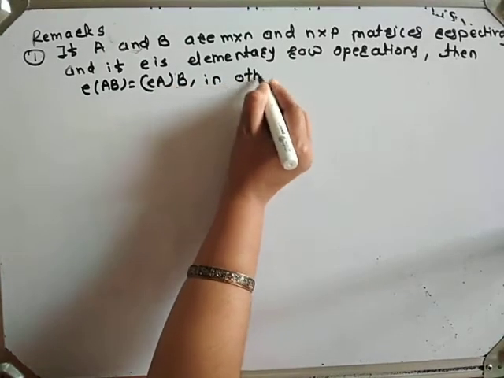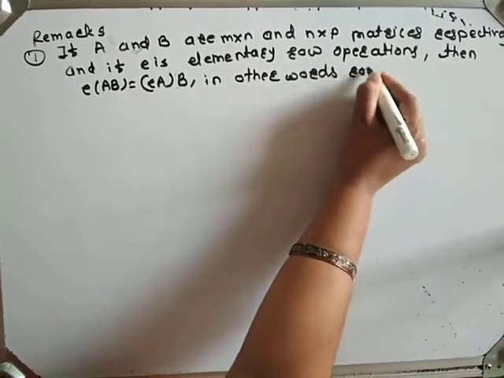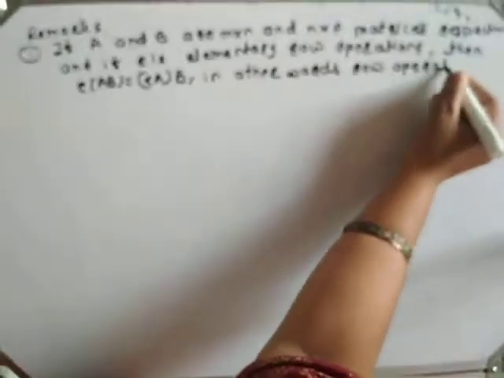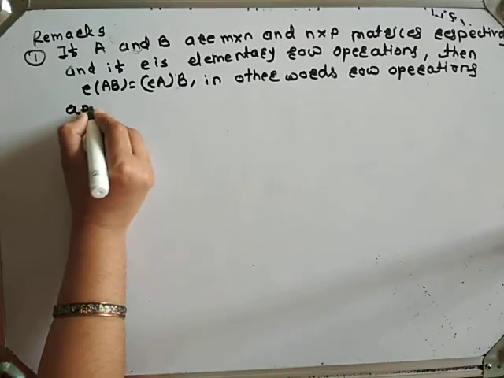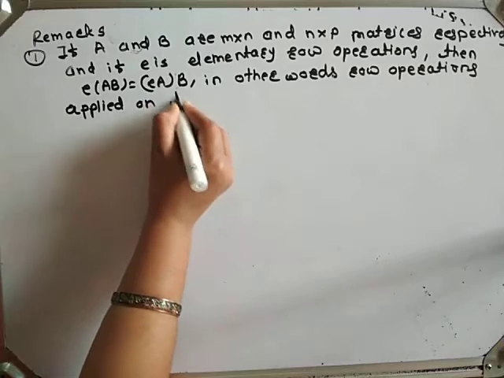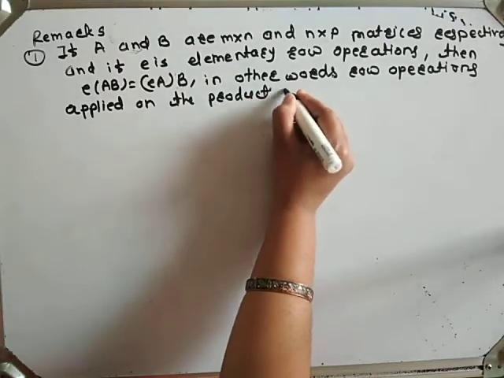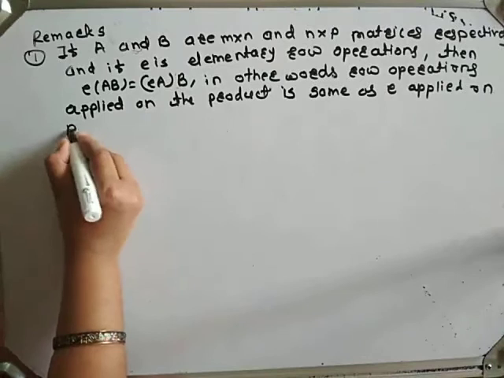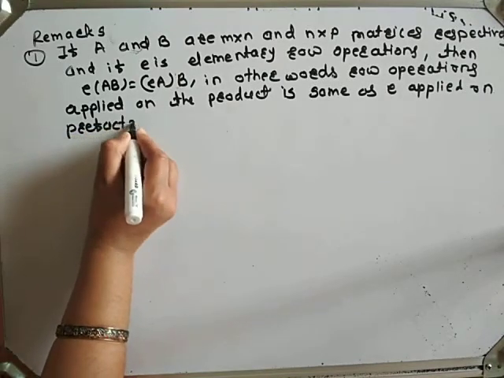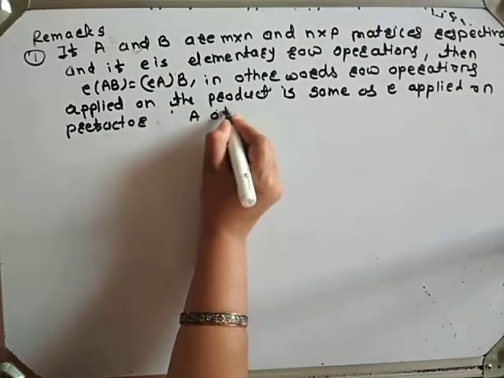In other words, the row operation applied on the product AB is the same as E applied on the prefactor A of AB.